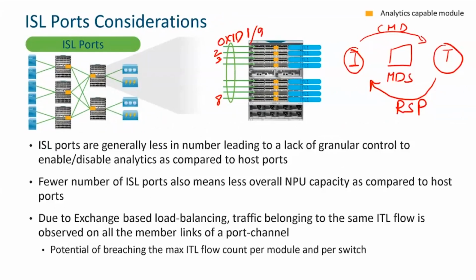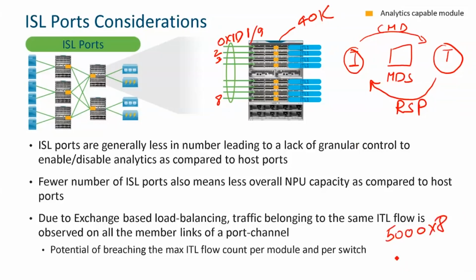Here is a simple example. The switch has 40,000. If I have 5,000 ITL flows going end to end, and my cables are spread across 8 modules, I would have on the switch multiplied by 8.